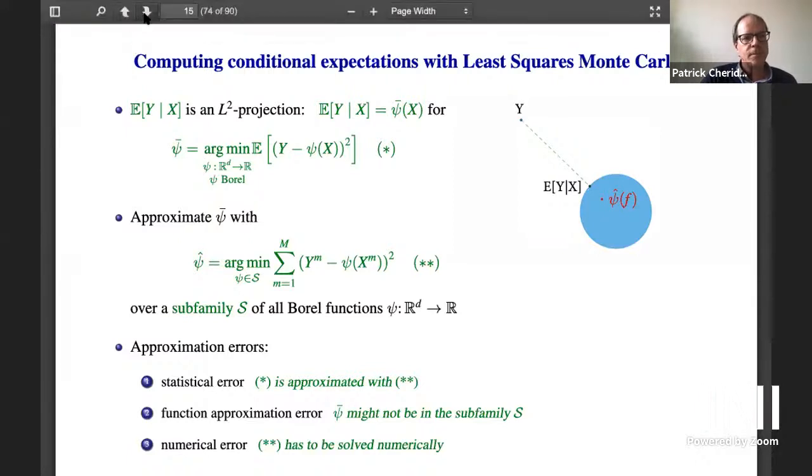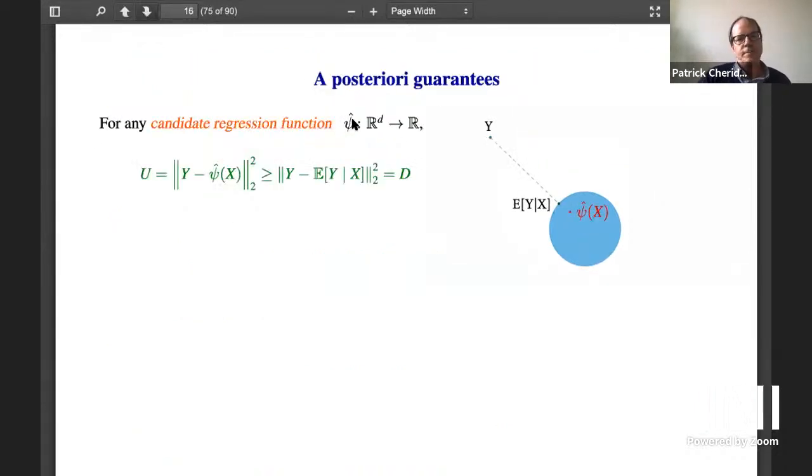Okay, so what I want to do here, instead of analyzing these 3 errors, is to derive a posteriori guarantees. And so the idea is the following. Let me assume I have trained my neural network and I have a candidate regression function psi hat that I'm fixing now. Then this u is the theoretical square distance from y using this psi hat, which is above the minimum, which I'm going to denote by d here.